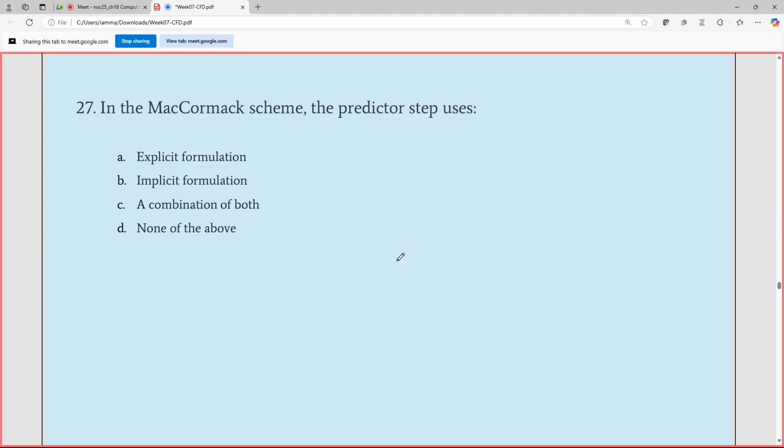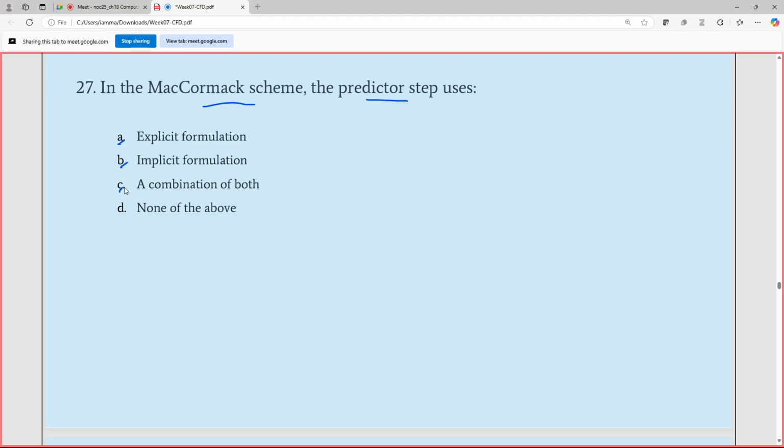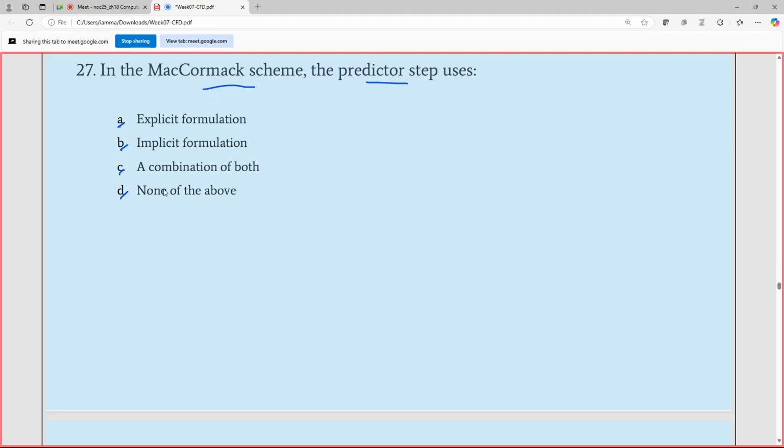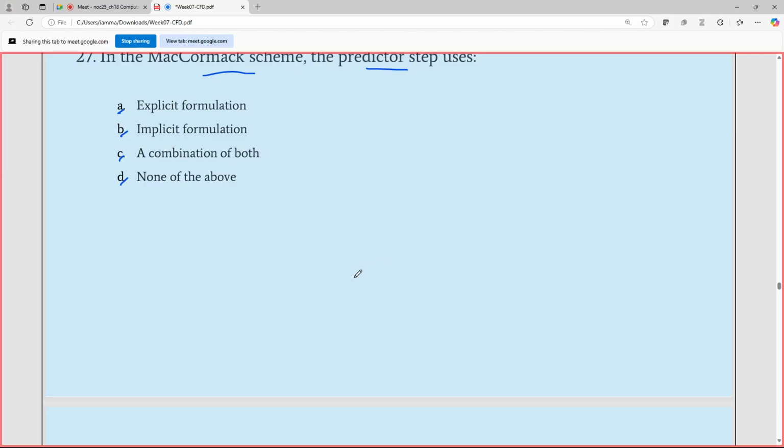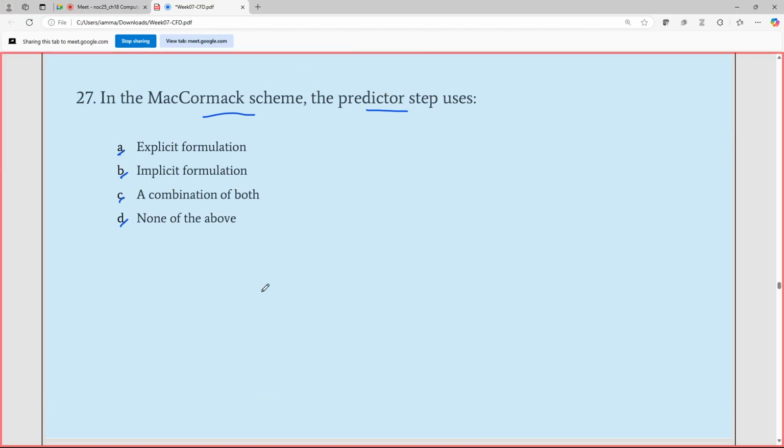Moving on to the next question. In the McCormack scheme, the predictor step uses which of the following? Options are option A, explicit formulation; option B, implicit formulation; option C, combination of both; option D, none of the above. The question is on the McCormack scheme and which kind of formulation the predictor step uses.